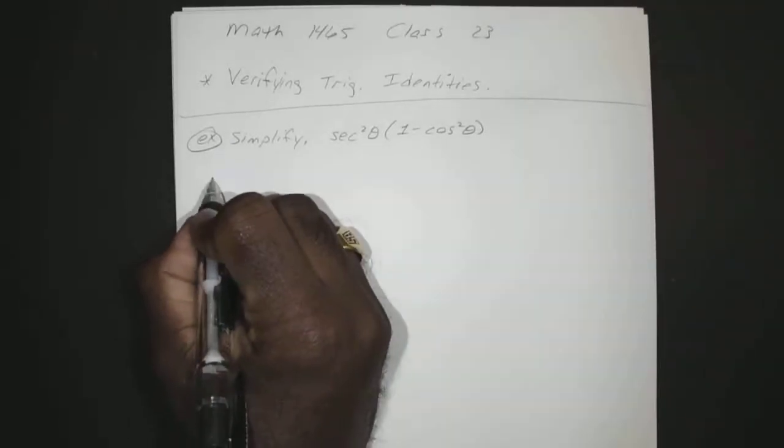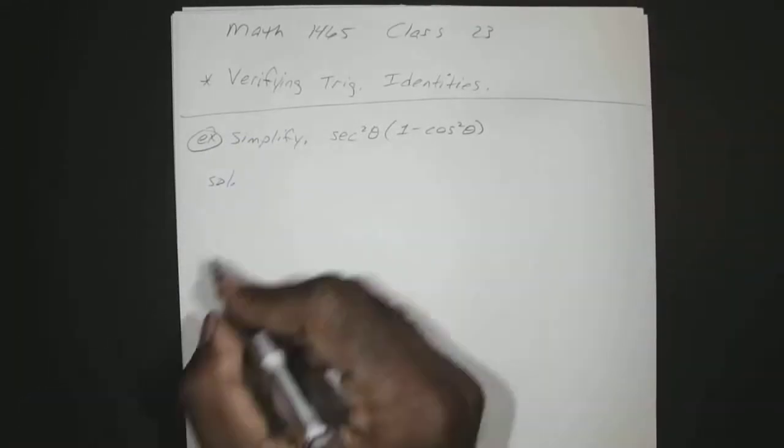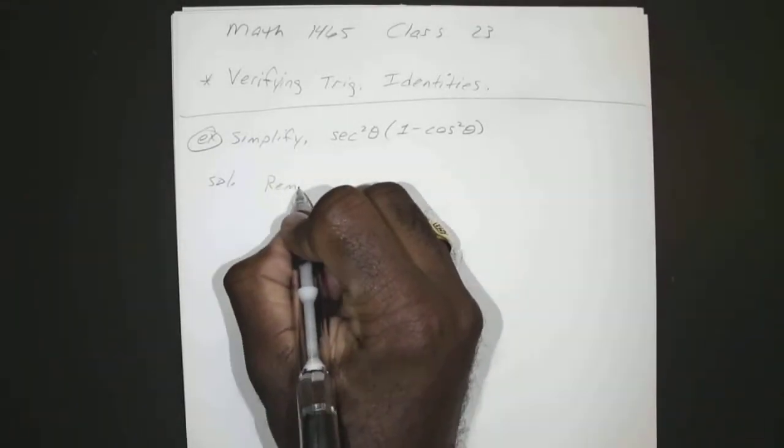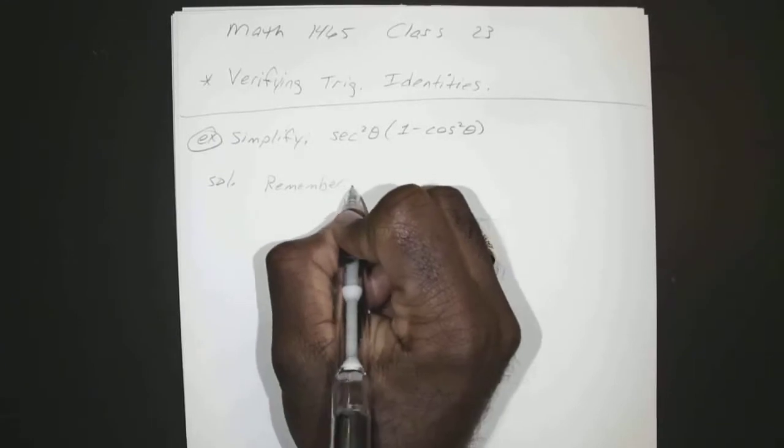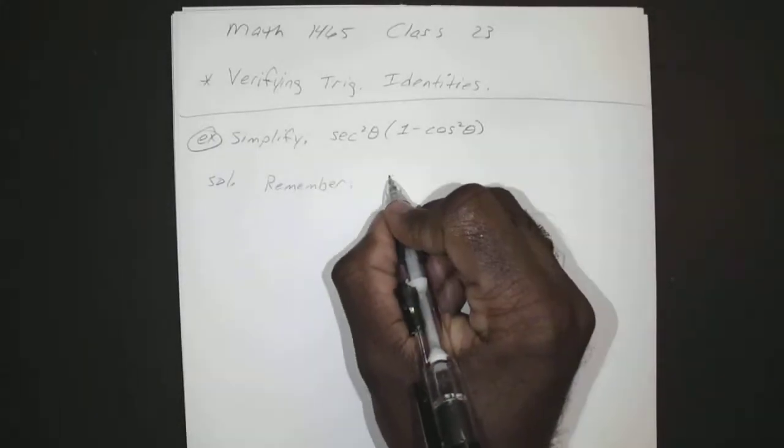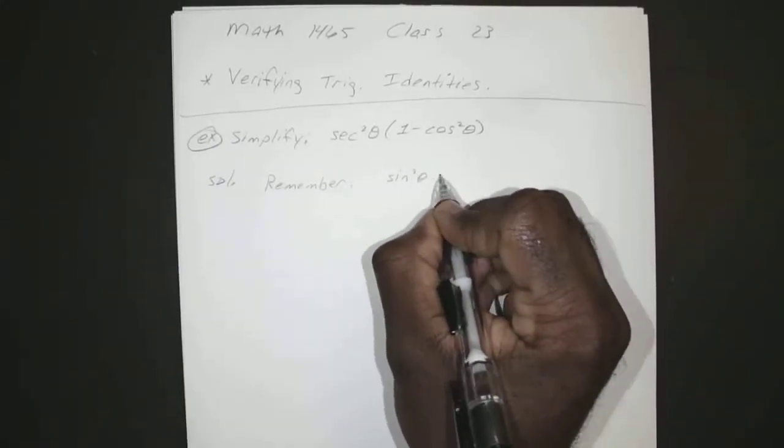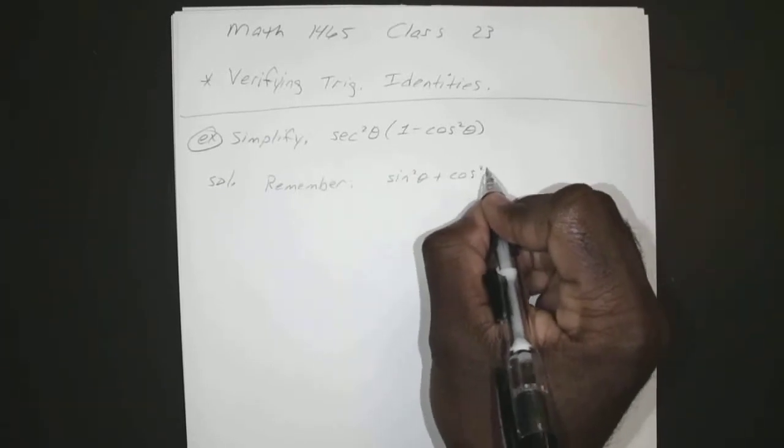This is just going back to all of those definitions we had earlier. If you remember, you have sine squared plus cosine squared equals 1.